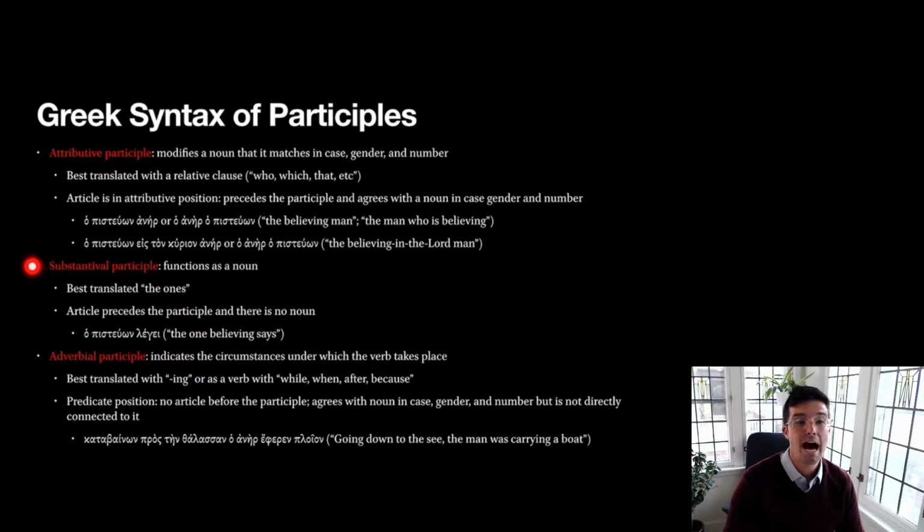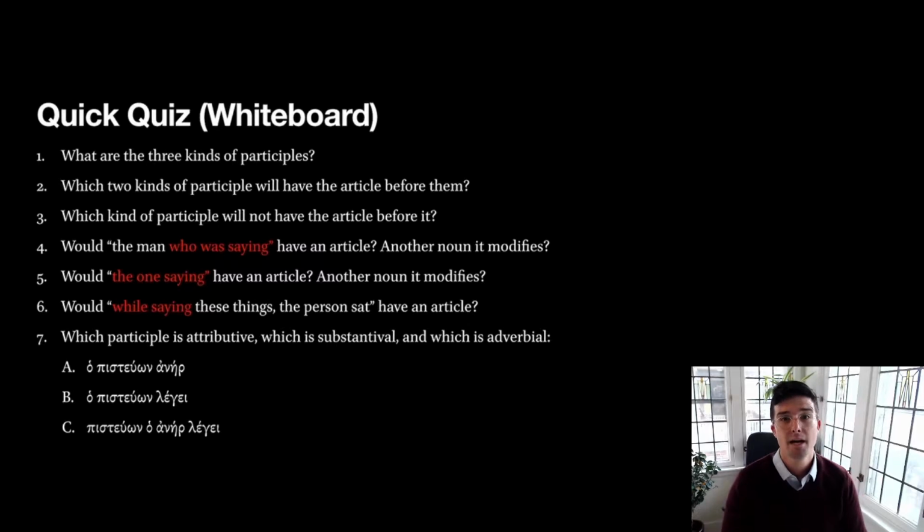A substantival participle is not going to have another noun that it's modifying. An attributive participle will have another noun that it's modifying. And the adverbial participle is not going to have the article before it. It's going to be in predicate position, and it's going to tell us more about the circumstances under which the verb happened. And we're going to close out this part 1 of 3 on participles with another quick quiz.